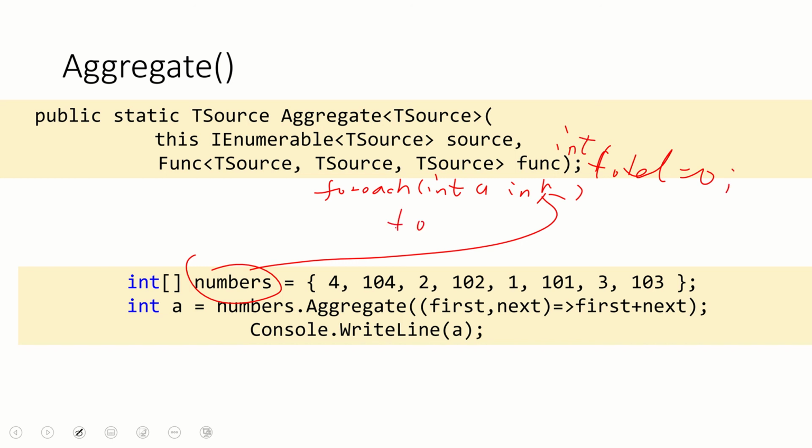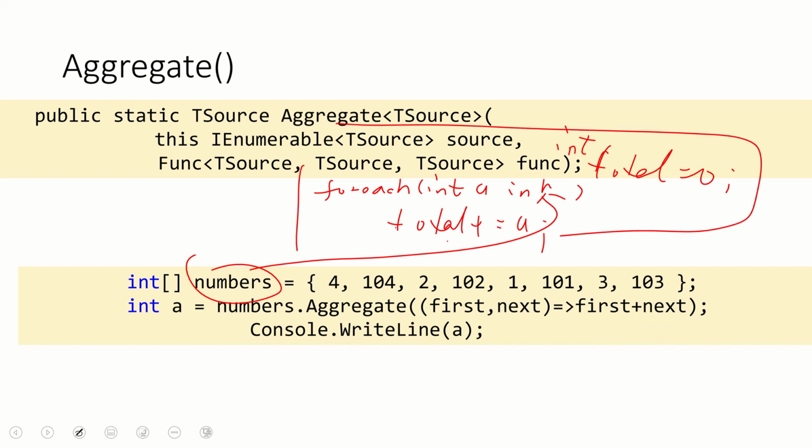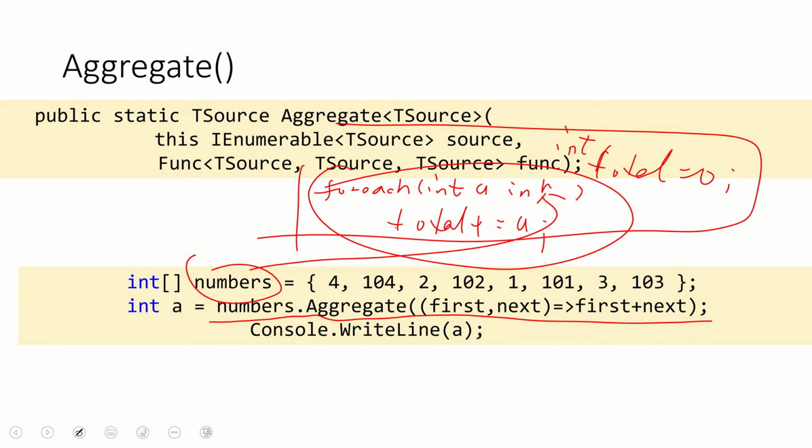And here is the total, right? So this is the normal way we get all the values. But if you use aggregate with a lambda expression, this can help you get the result very easily. You don't have to use a loop again.